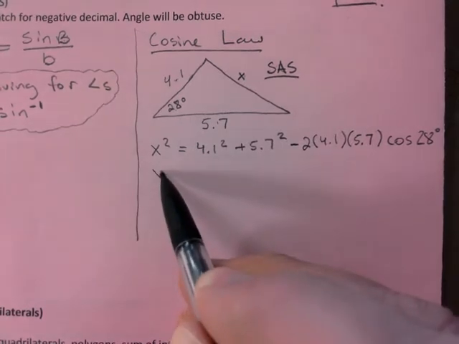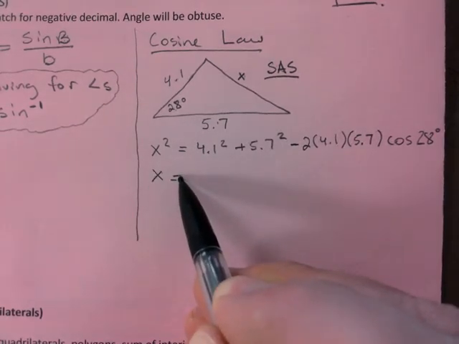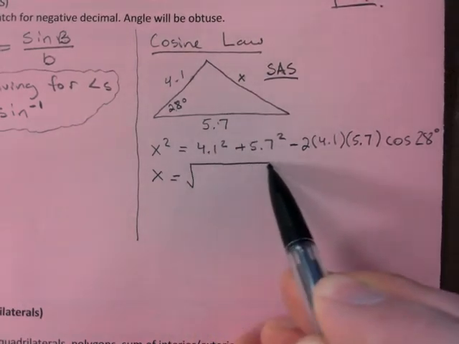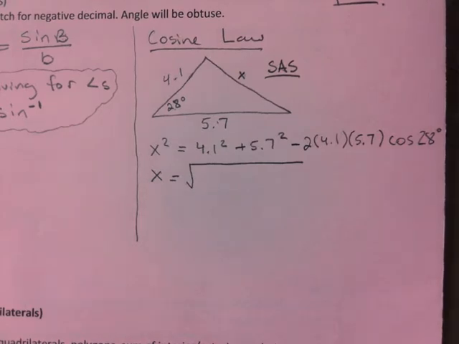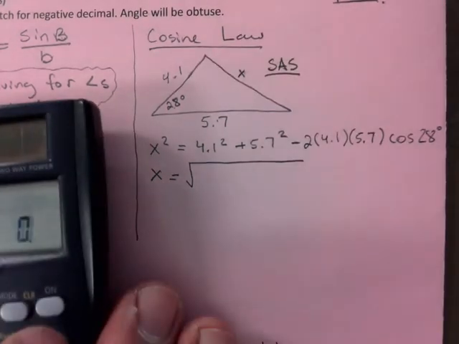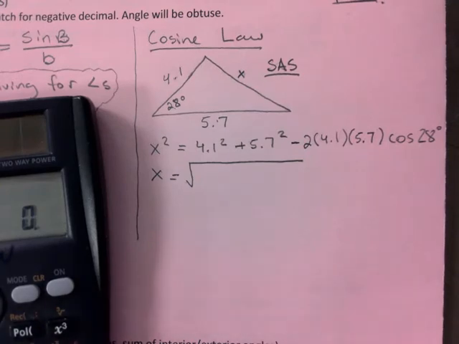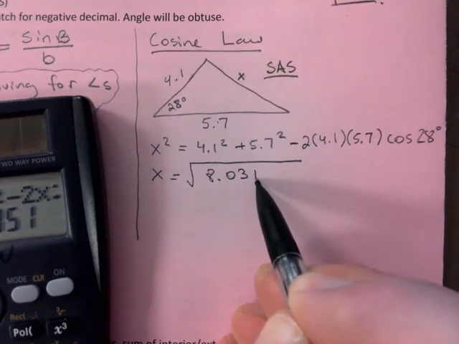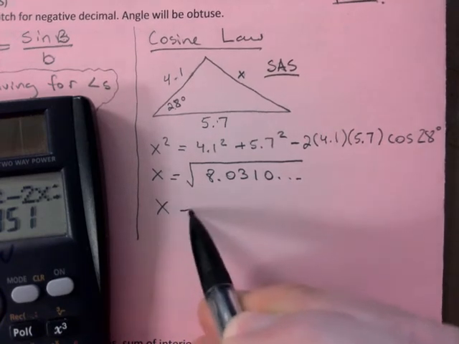And then your next step would be x is equal to, when there's x squared, you want to square root the other side so you only get x on its own. If you have your calculators, I would encourage you to make sure you know how to type this in. So I go 4.1 squared minus 2 times 4.1 times 5.7 times cosine of 28, and that gives me 8.0310. It keeps going. I'm going to use the whole thing.